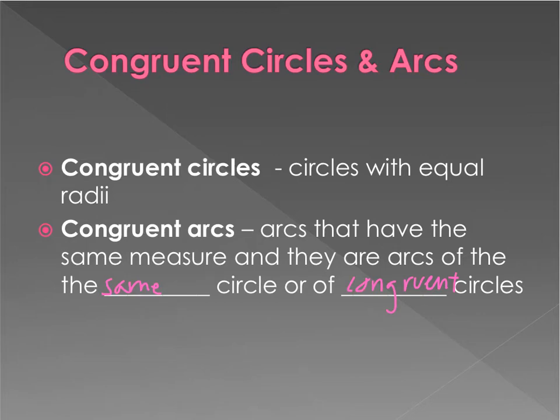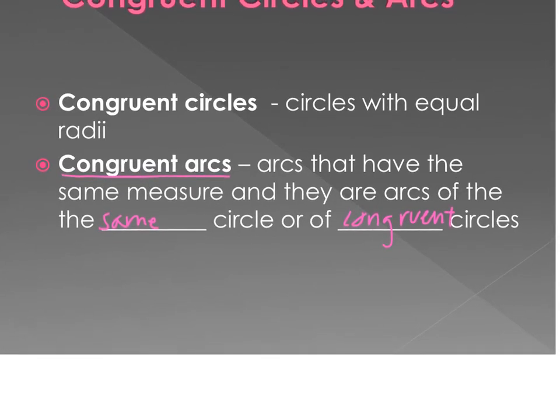So in order for two arcs to be congruent, they either have to be arcs of the same circle. So we could have, let's say, an arc that was 30 degrees here and another one that was 30 degrees. These two arcs could be congruent.